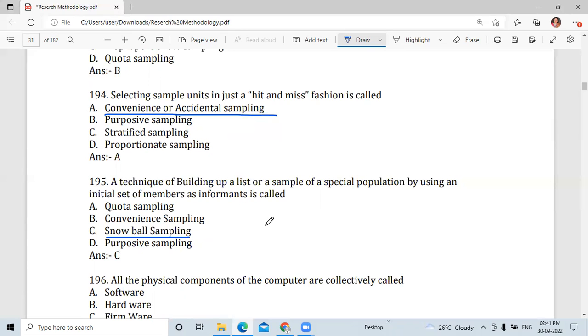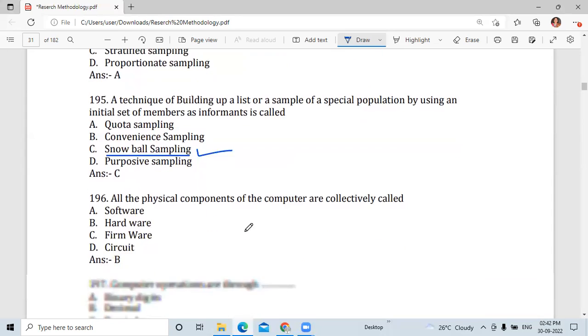In a classroom, we divide into average students, medium students and extraordinary students, so they divide into a special population. A technique of building up a list or sample of a special population by using an initial set of members as informants is called snowball sampling.